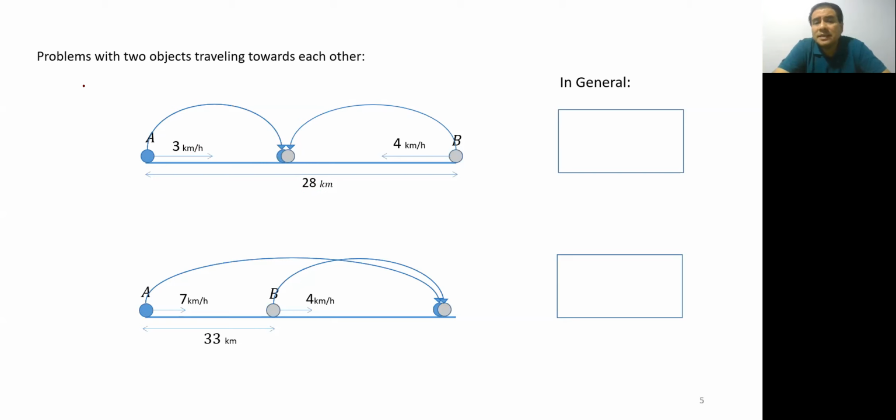So basically what we're doing here is this, okay? To estimate the time in which these two objects will meet in the middle will be the original distance that separates them at the beginning of the motion divided by the sum of the speeds. Like this. So that would be 28 divided by 7, right?